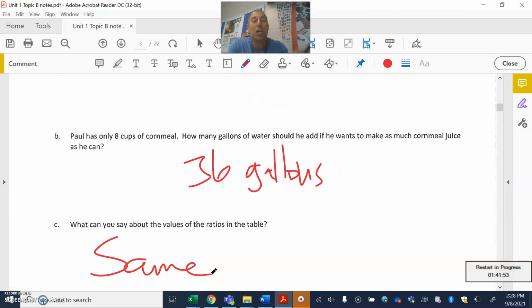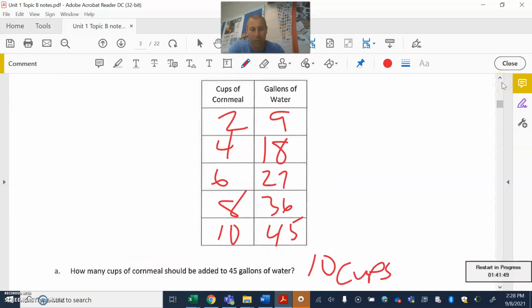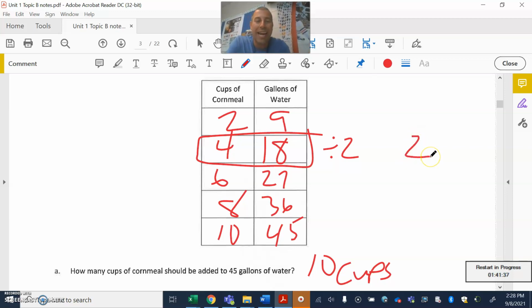Let's take a peek so you can see what we're dealing with here. Do you see the 4 and the 18? You can divide them both by 2. Watch what happens. 4 divided by 2? 2. 18 divided by 2? 9. Look at that. 2 to 9. There's my first one.